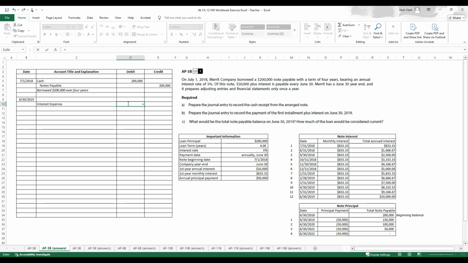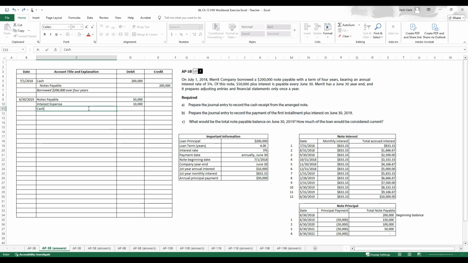And here we can see at this point, the amount of interest that we owe is the $10,000 at June 30, 2019. We're also going to make a payment to the note of principal, and that's going to be our $50,000.